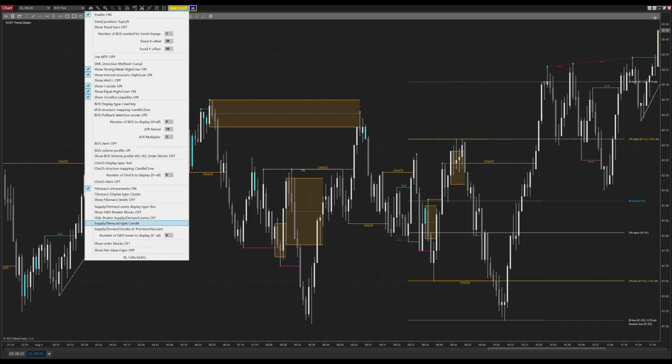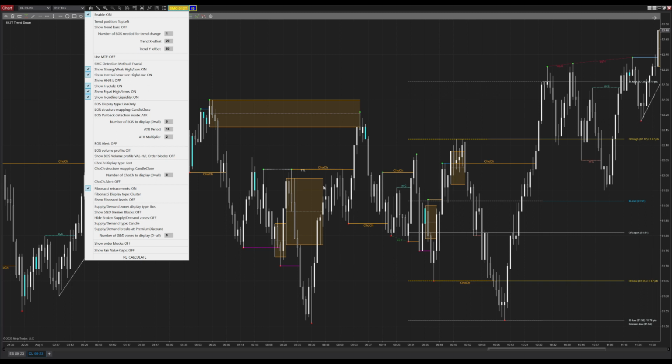In the supply and demand zones, we give you the capability of deciding when they have been mitigated. In this case, and this is how I will typically use it, if we break the premium discount zone of the supply zone, if we go above the 50% of that range, then the software, if you have it set this way, will declare this as a mitigated supply zone.